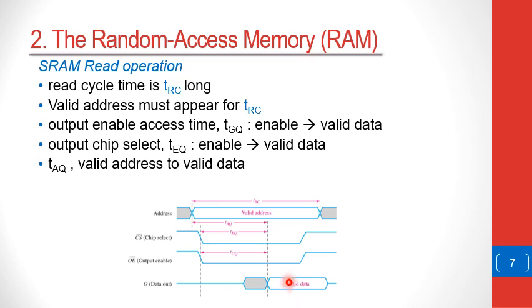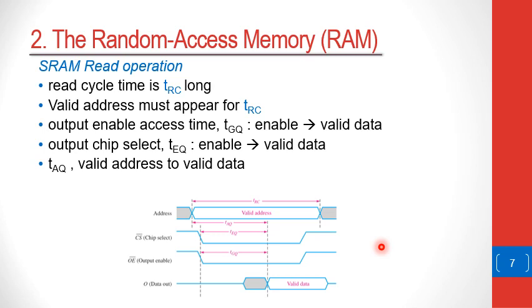And TAQ is another time that can be used to characterize the read operation of a valid SRAM memory module. It's the time between placing a valid address on the address bus and getting valid data on the data bus.